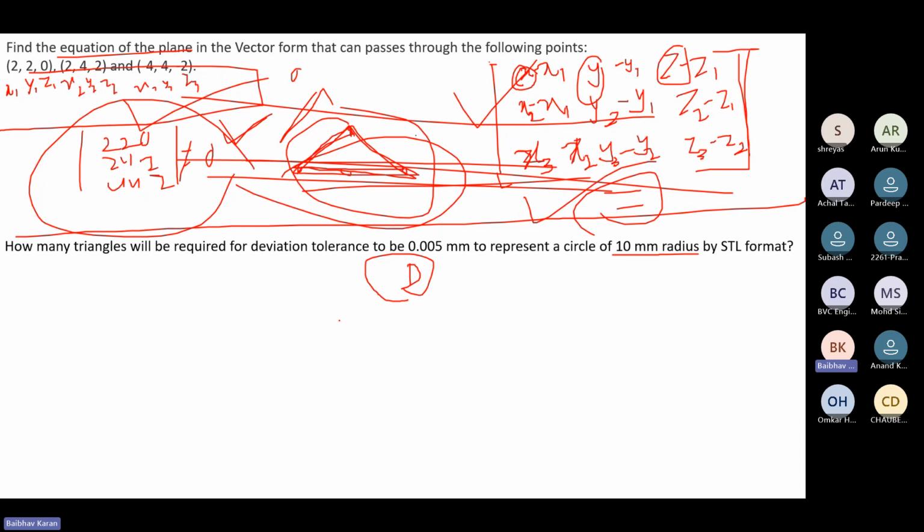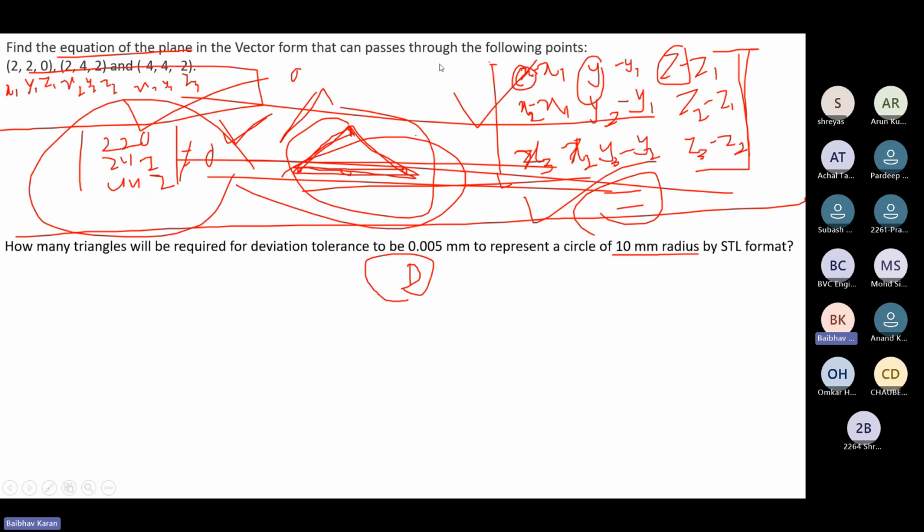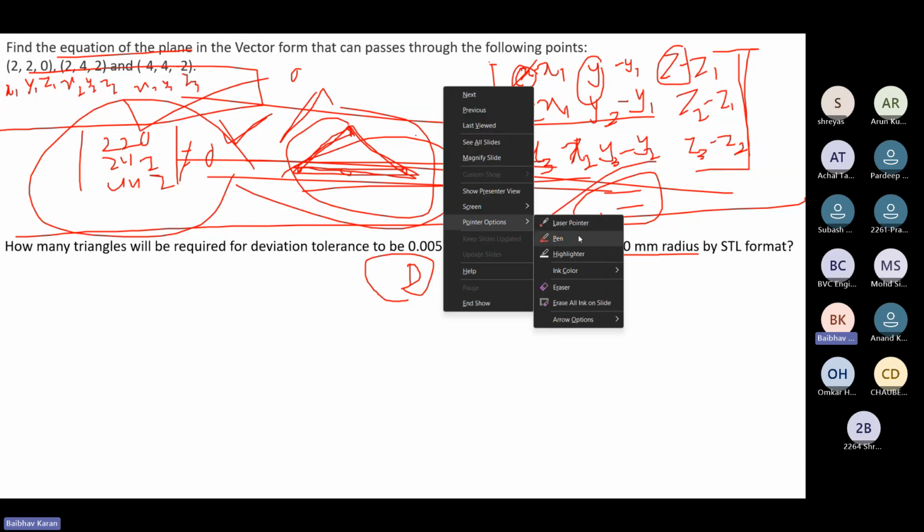Anybody remembers the formula for deviation tolerance? Anyone wants to try, or shall I just solve it for you?